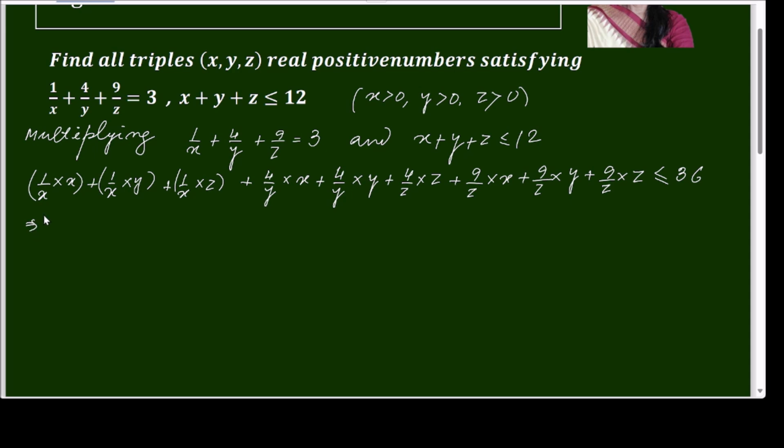So here I am getting some numbers. 1, here y over x, then z over x, plus 4 times x over y, plus here y will be cancelled, I am getting 4, then 4 over z.